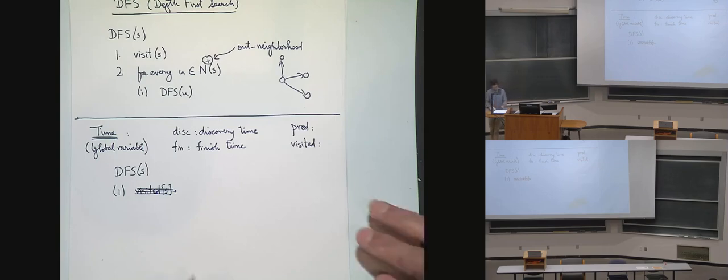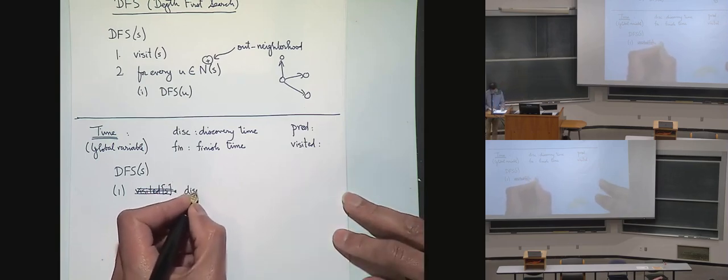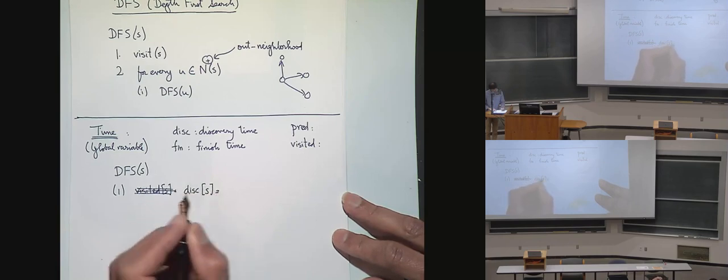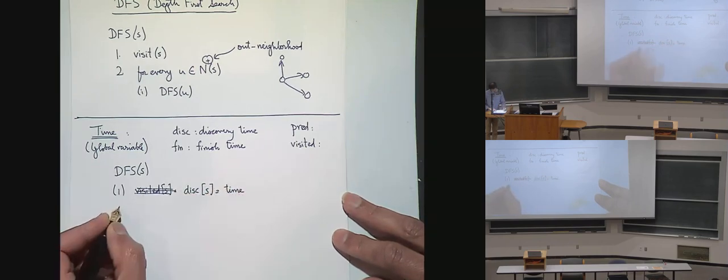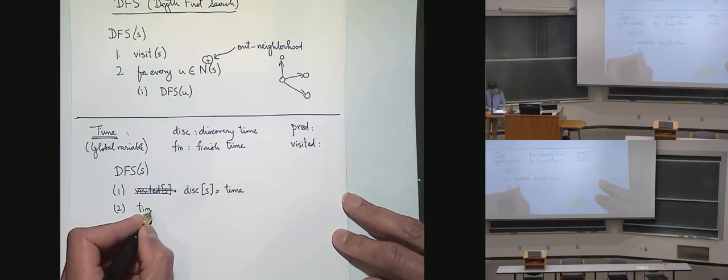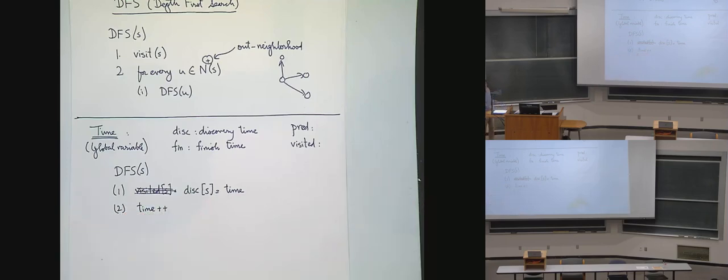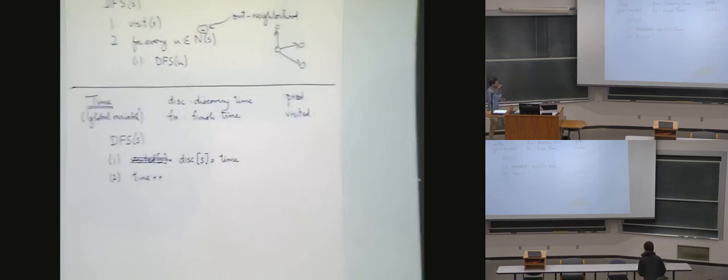What I'm going to do is set the discovery time of S to be the current time, and then I increment time. I know time plus plus doesn't work in Python, but you know what I mean, right? So there's this clock. As soon as the process for DFS S starts, I'm going to say its discovery began. So I set the time, and then I increment the timer.